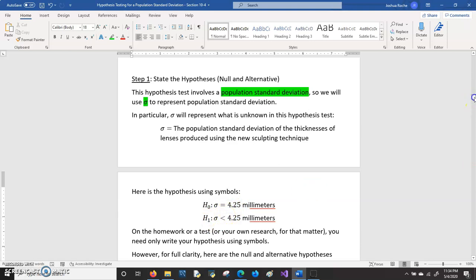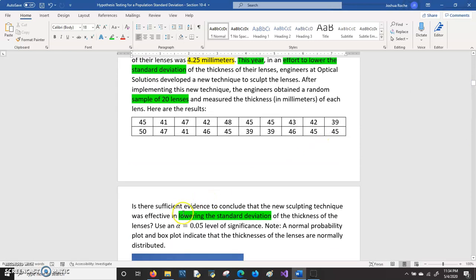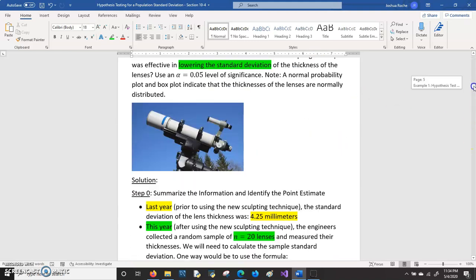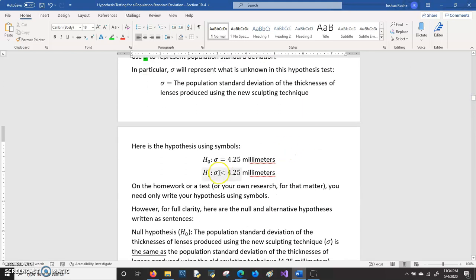Remember that in the wording of the problem, it used the word lowering or lower than. And so lower indicates less than. So the alternative hypothesis is saying the standard deviation with the new sculpting technique is less than the standard deviation under the old sculpting technique.